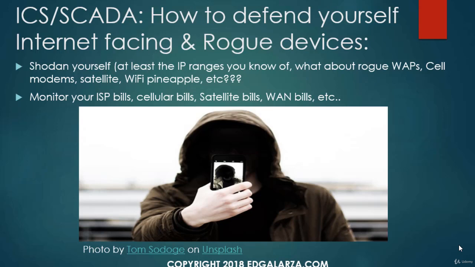Maybe they set up a rogue wireless access point, Wi-Fi access point, or maybe they set up a rogue cellular modem or a mobile hotspot. These are things that you should be physically looking for, and if possible, digitally looking for.